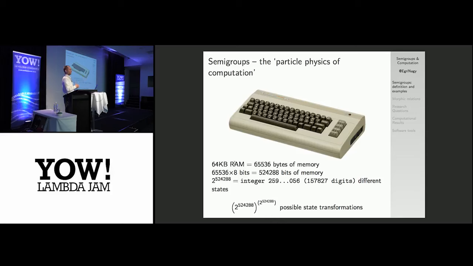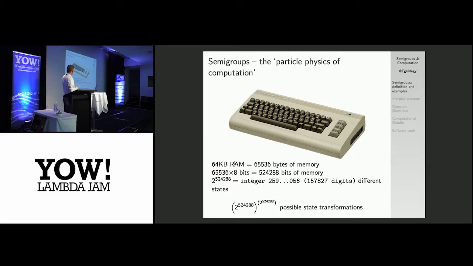You give me how many states you have, and it describes all the computations. And this is sort of very low level. This is like the particle physics of computation. So how many possible states are we talking about? This is not a typical computer today. Well, this is where I started, and it's good enough to show.